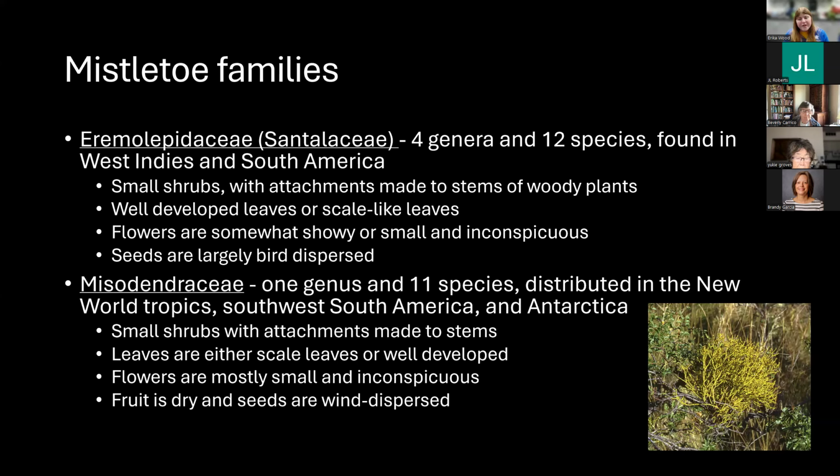And so really, what I'm trying to showcase with these families here is that the distribution of mistletoe is worldwide. Okay. I mean, we do have a heavy part of it, especially Central and South America, but we still have species here in the US and in the Old World.